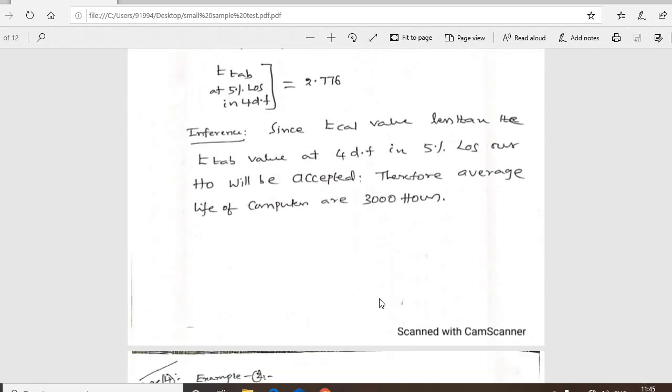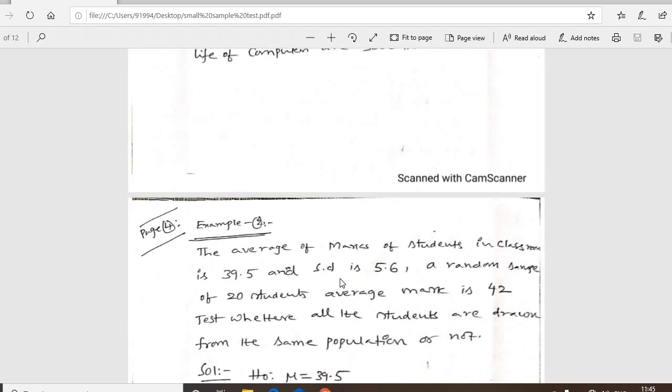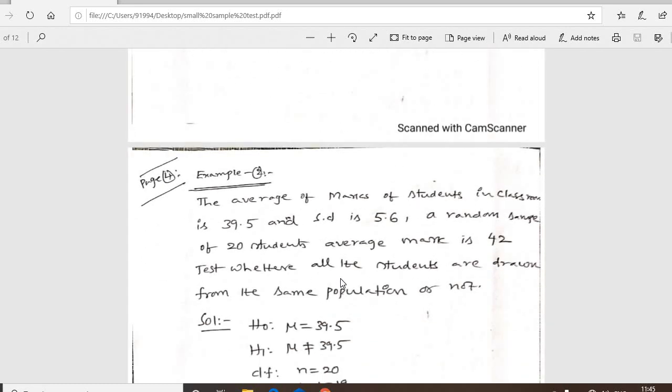Okay. Similarly, go for example 2. The average marks of students in a classroom is given as 39.5, and the standard deviation is given as 5.6. A random sample of 20 students has average marks of 42. Test whether all the students are drawn from the same population or not.